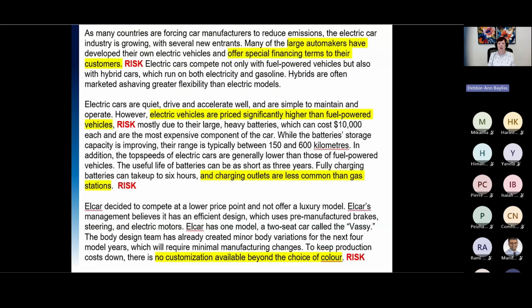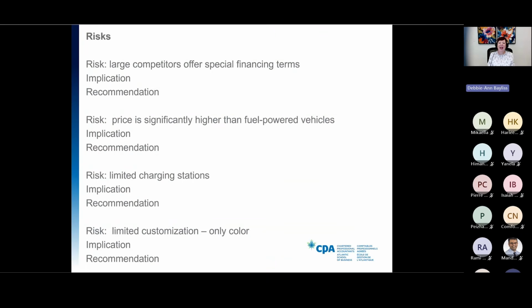Now, the next few paragraphs, there are several risks here. And one of our requirements is to identify the risks. So let's pull the information, extract it and input it into our outline. The first risk is large competitors offer special financing terms.